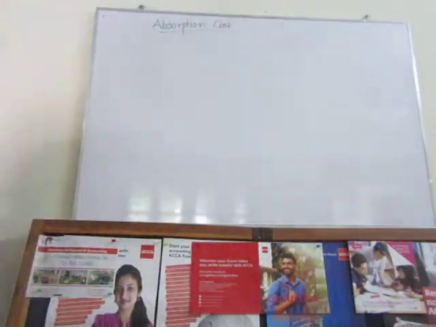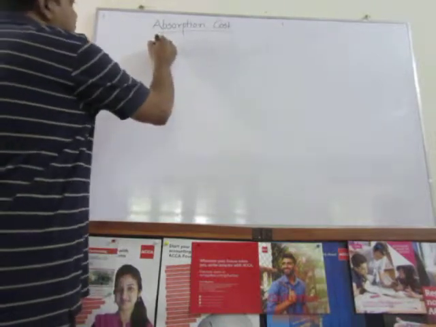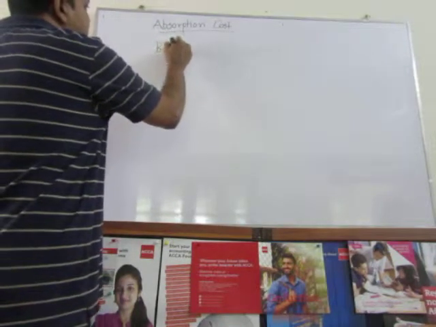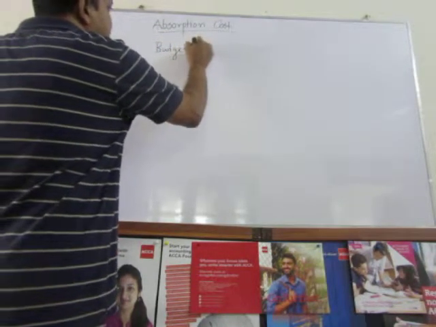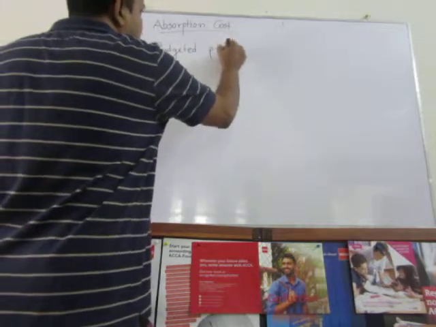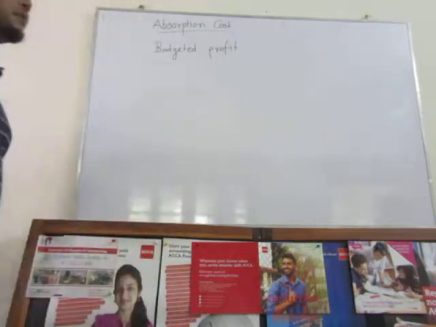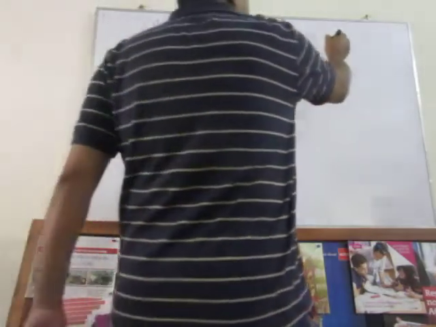So when you are dealing with the absorption costing, then you will have budgeted profit. Budgeted profit, suppose as for example X is your budgeted profit.